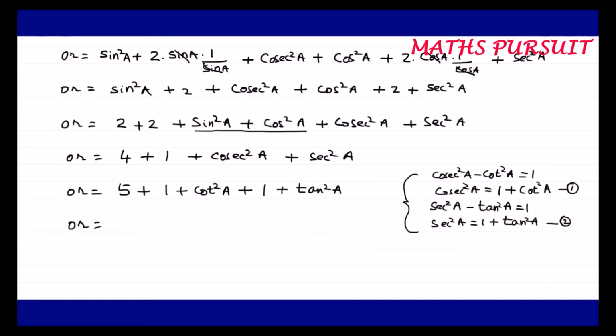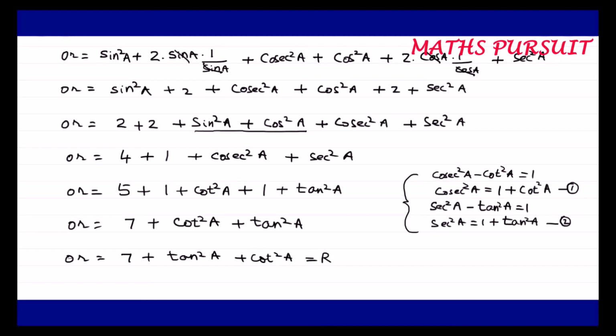If you add 5 plus 1 plus 1, we get 7 plus cot square a plus tan square a. Or in other words, I can rearrange this and say 7 plus tan square a plus cot square a.